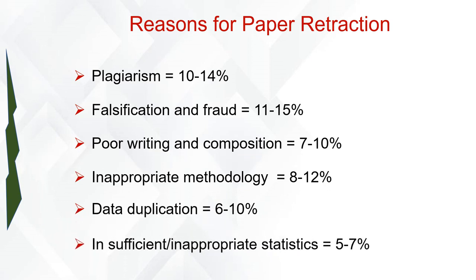And lastly, insufficient or inappropriate statistics lead 5 to 7% to be retracted by the authors or by the journals. So if the statistical analysis is not appropriate, is not proper, or is overly done, or not properly done, there are so many things related to statistics. So always please ensure that these points are in your mind before you start writing your paper.